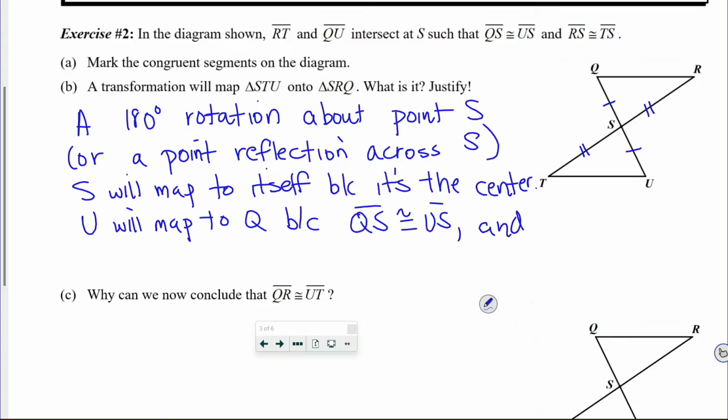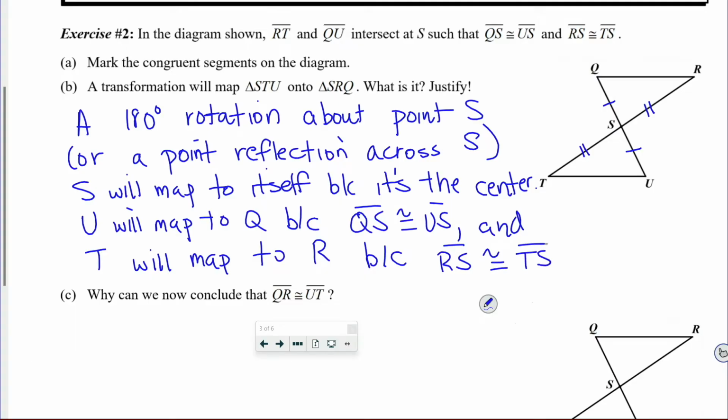That was fun. And T will map to R because RS is congruent to TS.